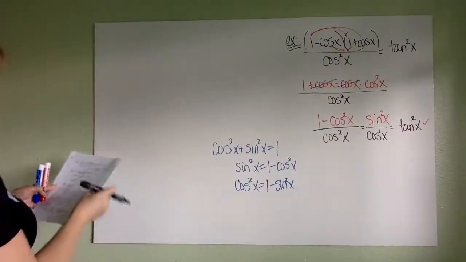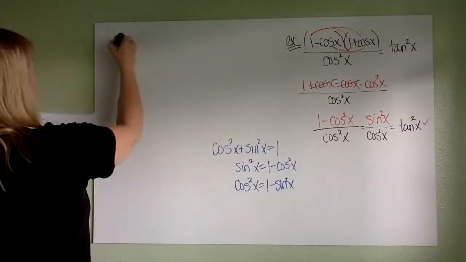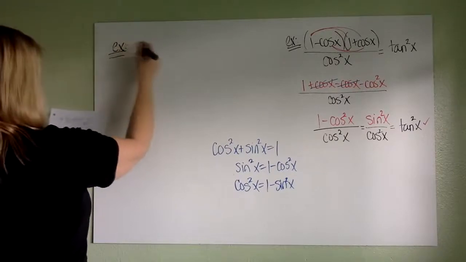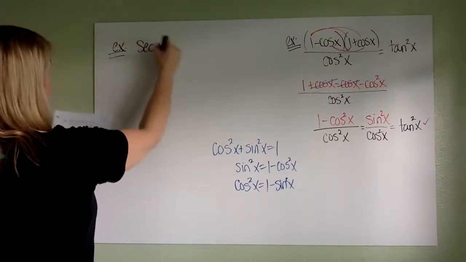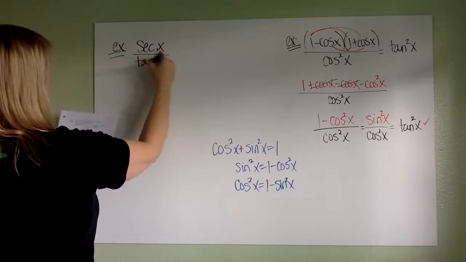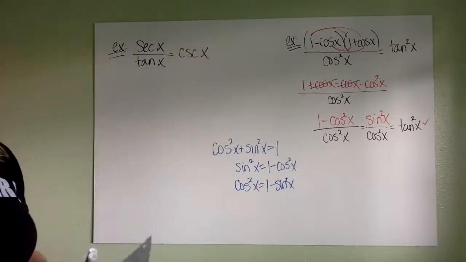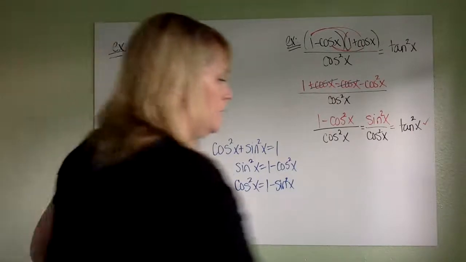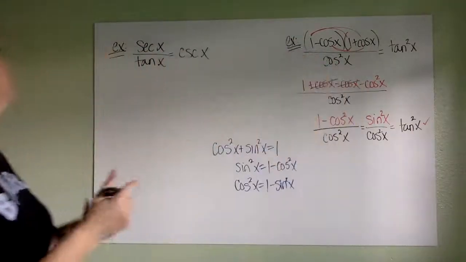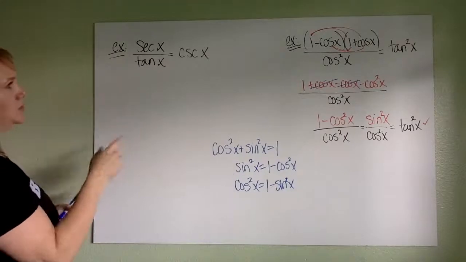Okay, so the last two examples I have are really to talk more about some algebra stuff than to necessarily simplify. So this first example I have for you, we're trying to get the secant and the tangent to the cosecant.